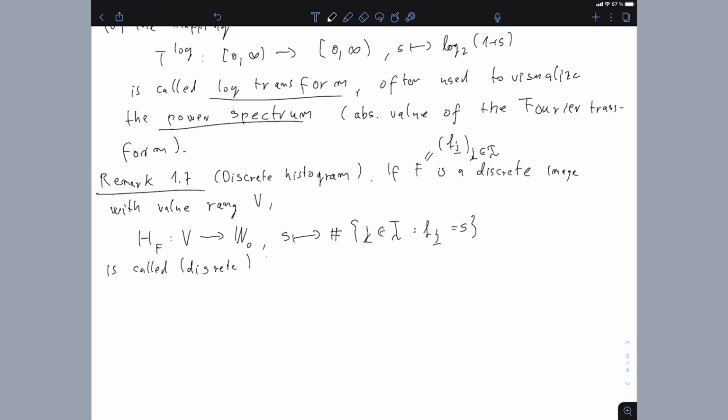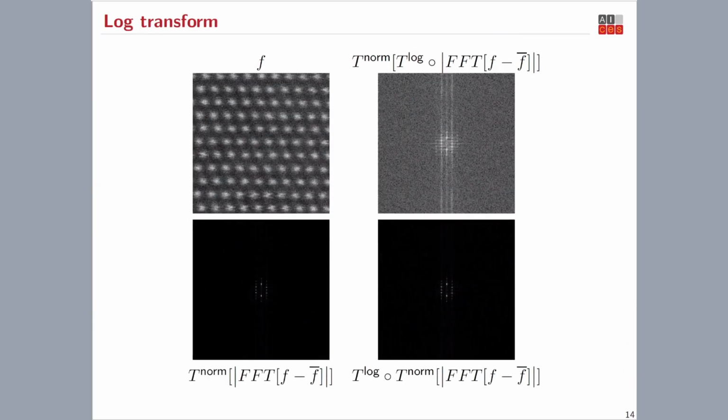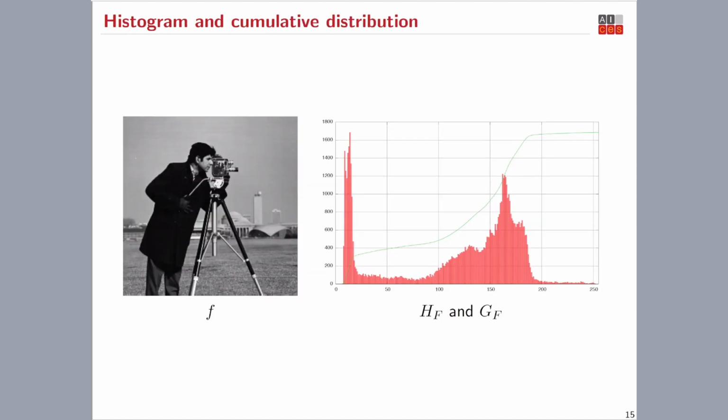This is now called the discrete histogram of F. It just states how often a value occurs. Since I have it at hand, we can at least understand part of this.